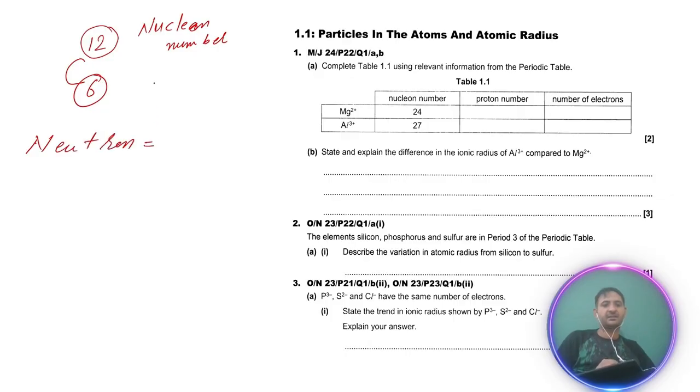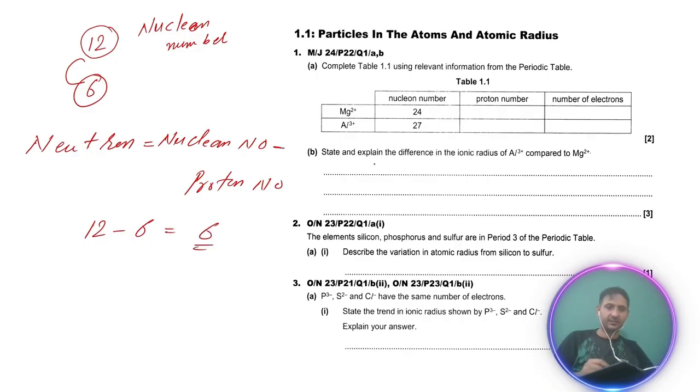Neutron number is equal to nucleon number minus proton number. So 12 minus 6 means there are 6 neutrons in the nucleus of this carbon atom, okay?